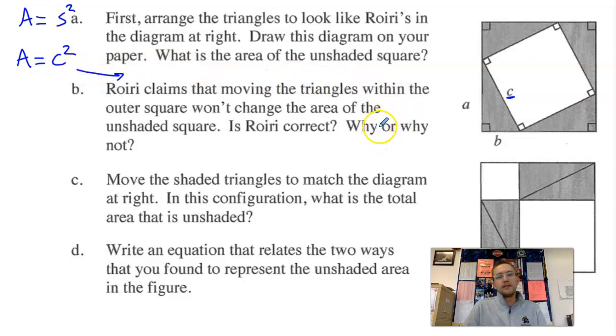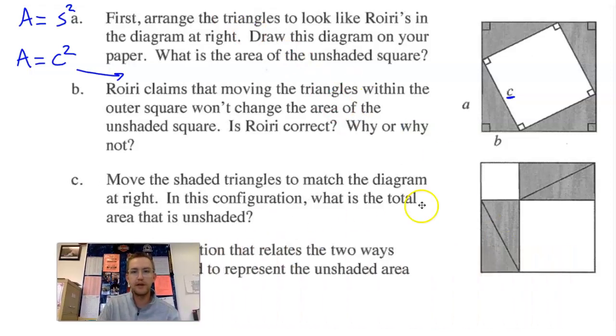So this part can go right in there. Rory claims next that moving the triangles within the outer square won't change the area of the unshaded square. So what do we think? Is Rory correct or not? And I think he's going to be correct. If we look at this diagram, we rearrange this on our page.